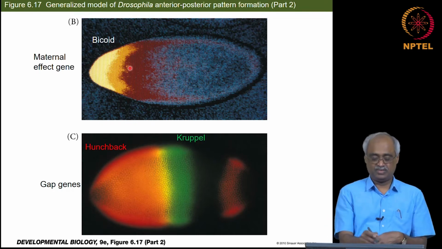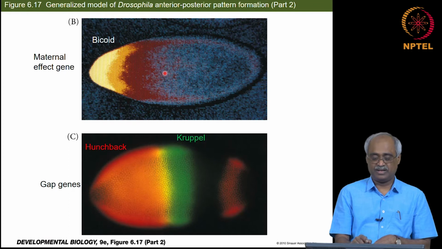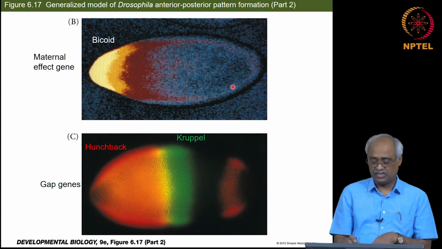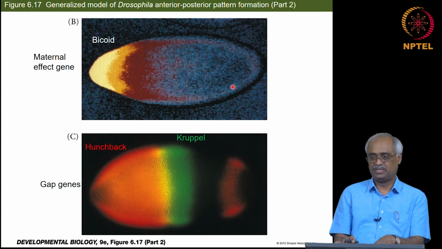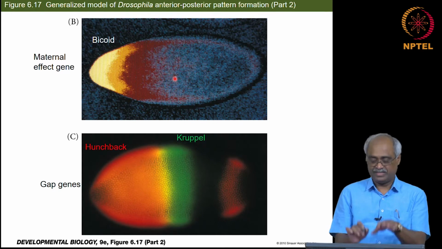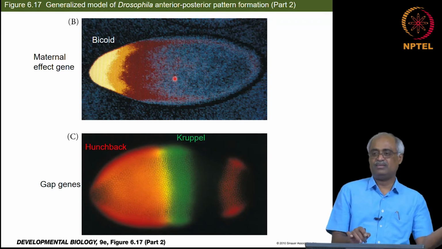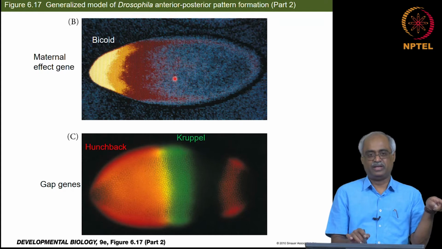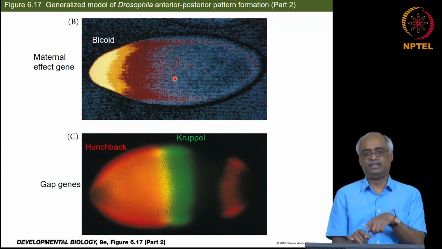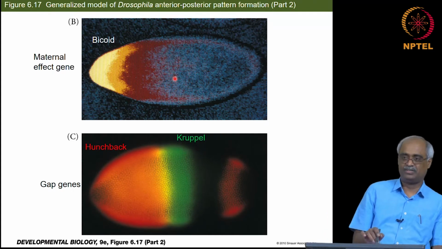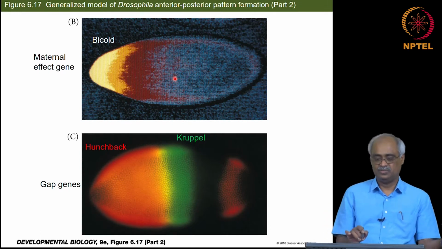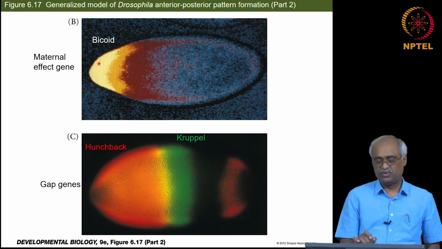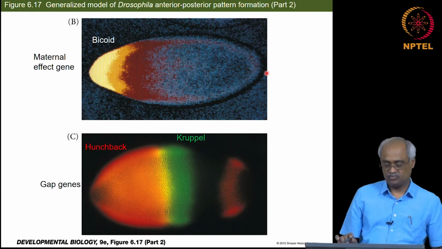This does not mean the anterior posterior is starting only in the embryo. So, this is oval shape, this is proper embryo, this is no longer oocyte. So, this does not mean it is only happening now. We already saw the microtubule orientation happening in the oocyte, and as a result bicoid mRNA has gone to the anterior and so on in the oocyte. So, now you have the protein produced and the protein forms a gradient. Okay.